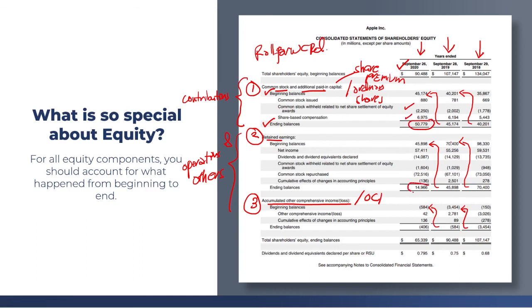They have 14 billion of retained earnings and negative 406 billion of OCI, which leads up to 65 billion of equity at the end of September 26, 2020. It means that if Apple is liquidated now, their shareholders will receive a total of 65 billion, which will need to be split among the stockholders. Because this, as we discussed, is already the shareholders' equity. This is already net of all the liabilities.